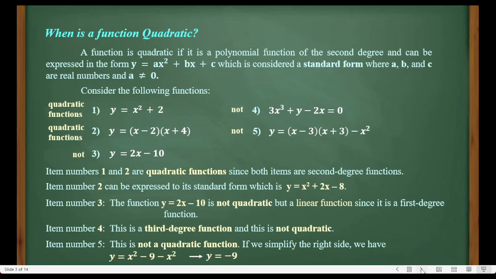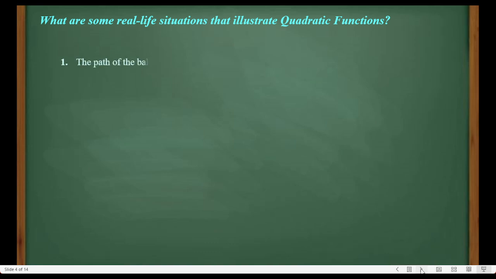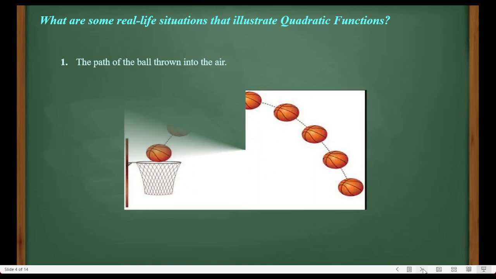Now we go to the next slide. What are some real-life situations that illustrate quadratic functions? Number 1, the path of a ball thrown into the air. This is the illustration.